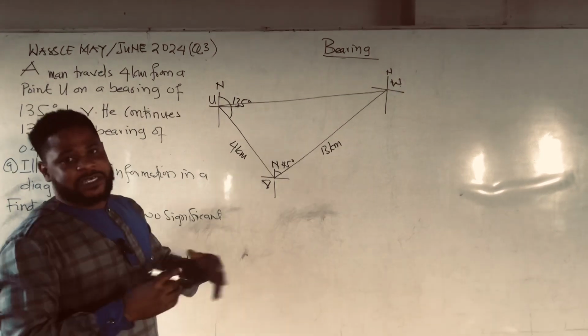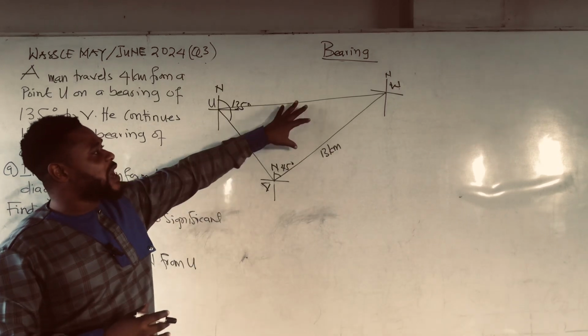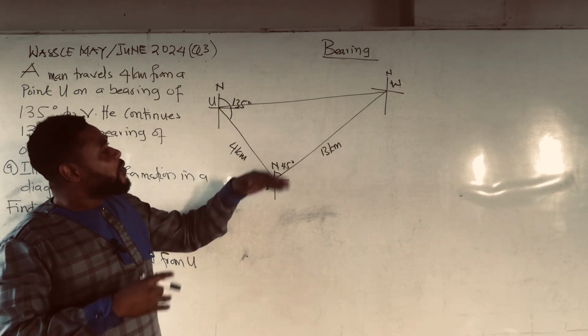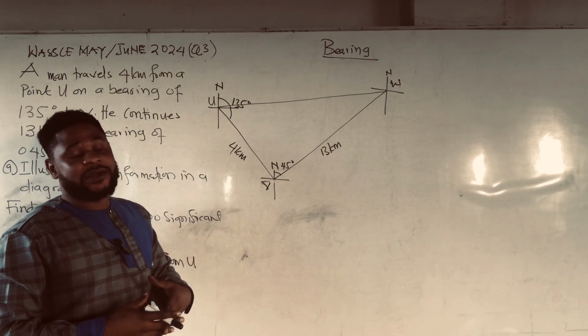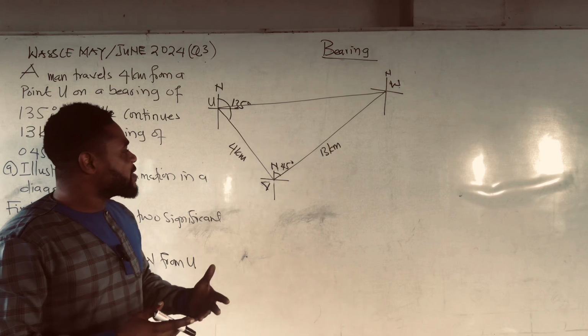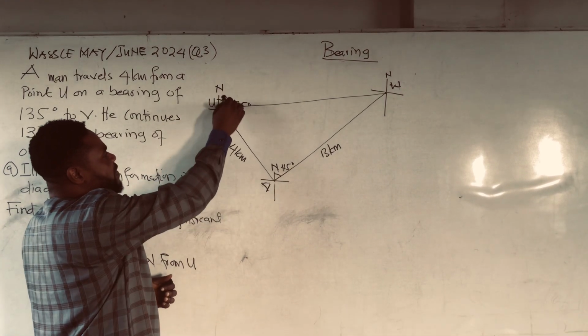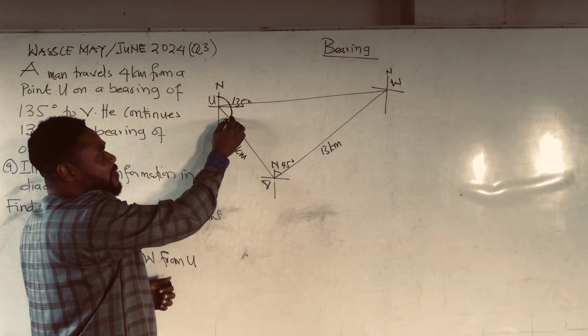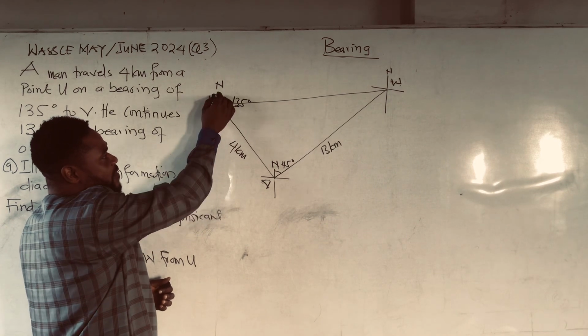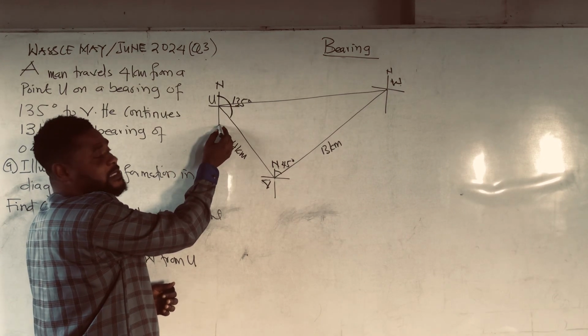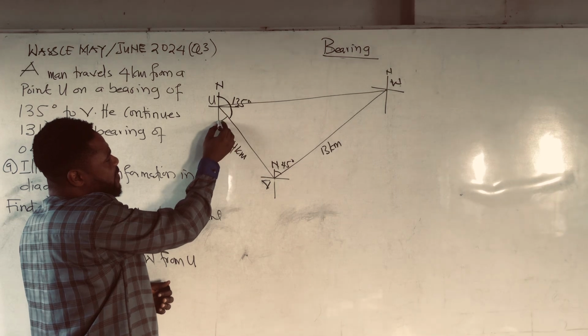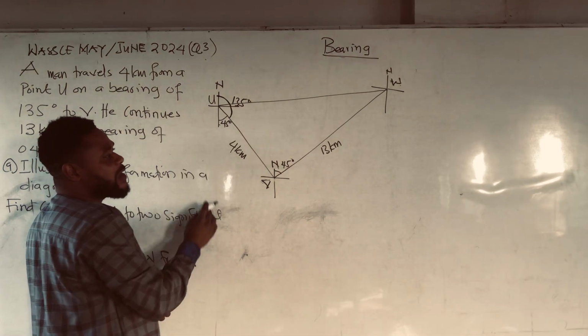Now, to proceed and know the nature of this triangle we are dealing with, we have to find one of the interior angles of the triangle. And it will be simple. The angle here is 45. Now, from here to here is 135, and the whole angle from here to here will be 180. Therefore, the remaining angle here will also be 45 degrees.